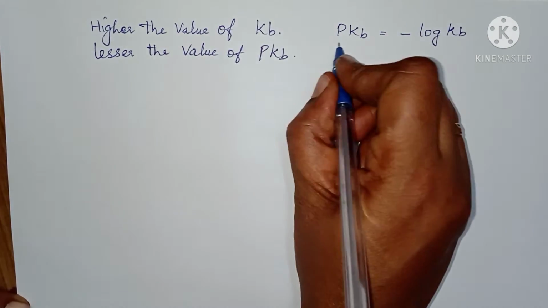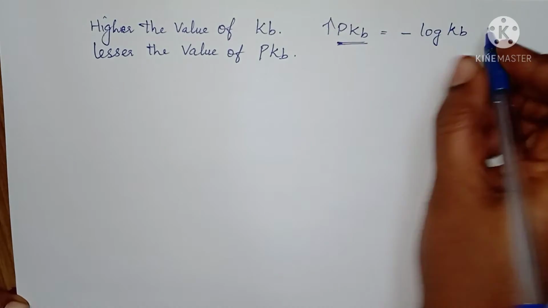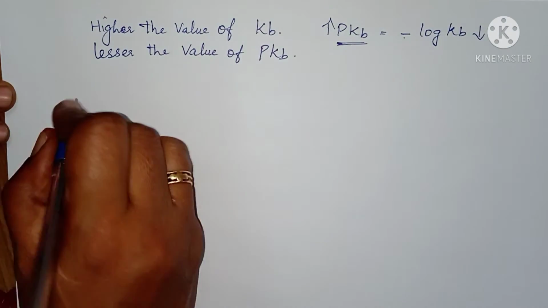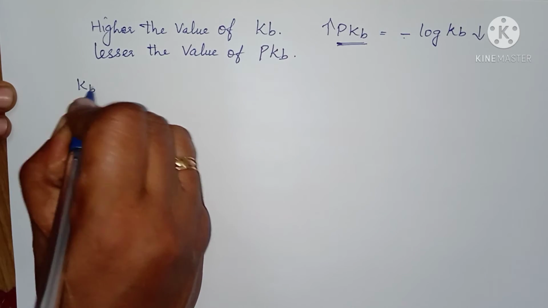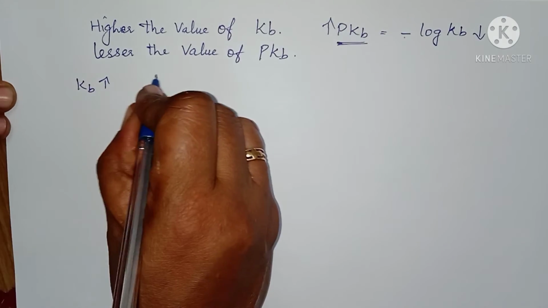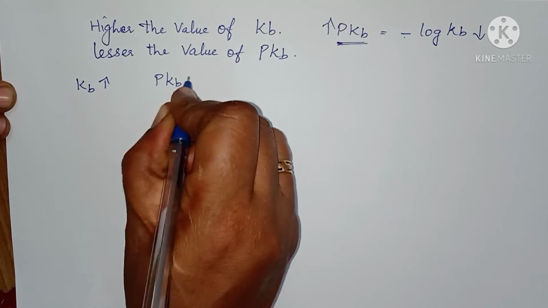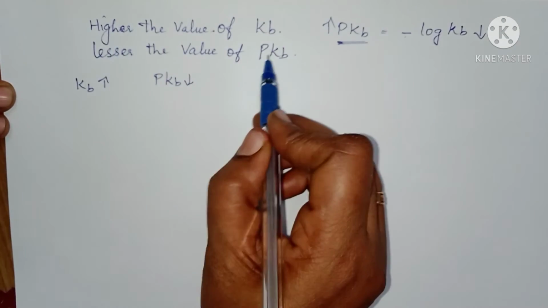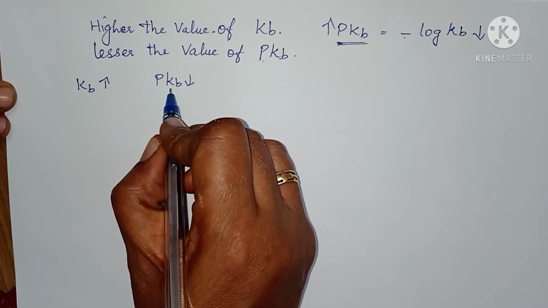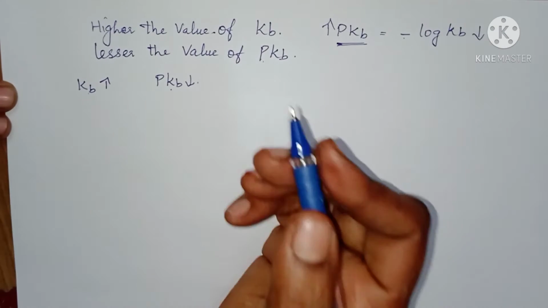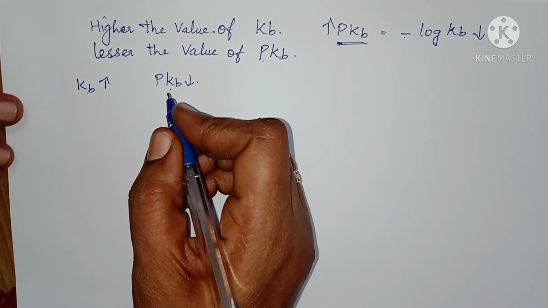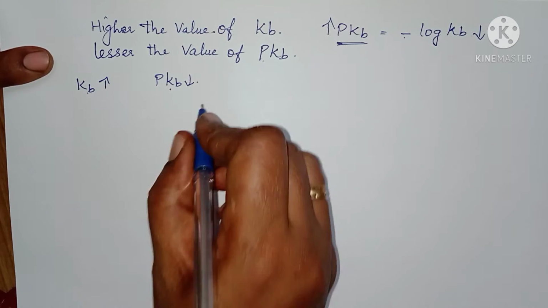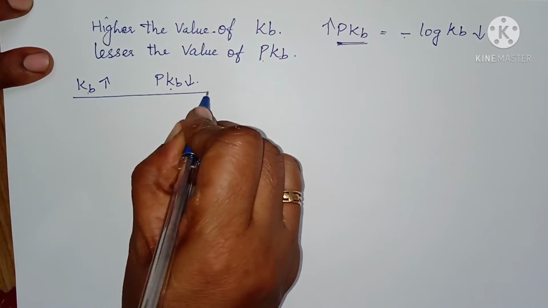Suppose Kb is increasing, then pKb is decreasing. That's why, the higher the value of Kb, the lesser the value of pKb. If pKb is higher, then Kb will be lower. So which is the strong base here?